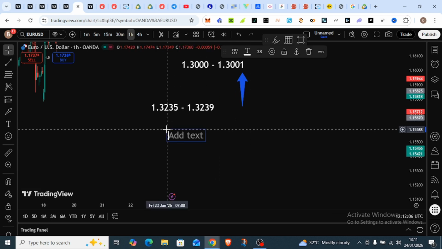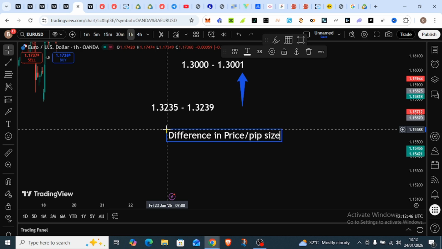So let me give you a simple formula for calculating pips. Pip movement is the change in price, or just write difference in price, over pip size.